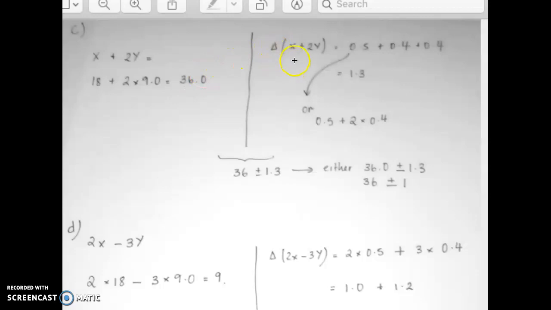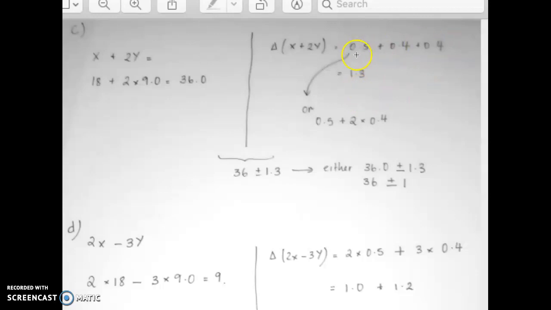Now the uncertainty in x plus 2y, the rule we're applying is that we're going to add the absolute uncertainties of x to 2 times the uncertainty in y. So we have 0.5 plus 0.4 plus 0.4. And that gives us an uncertainty of 1.3.